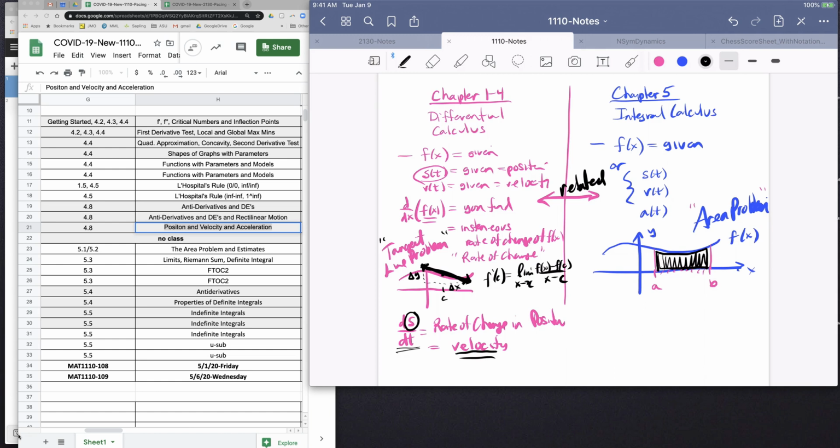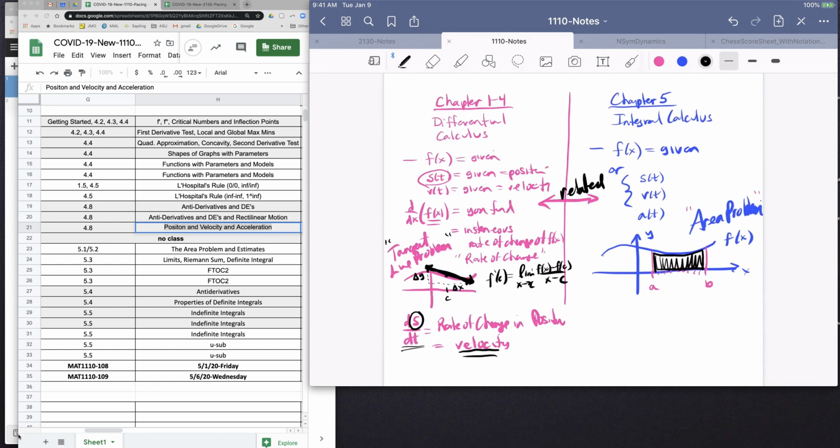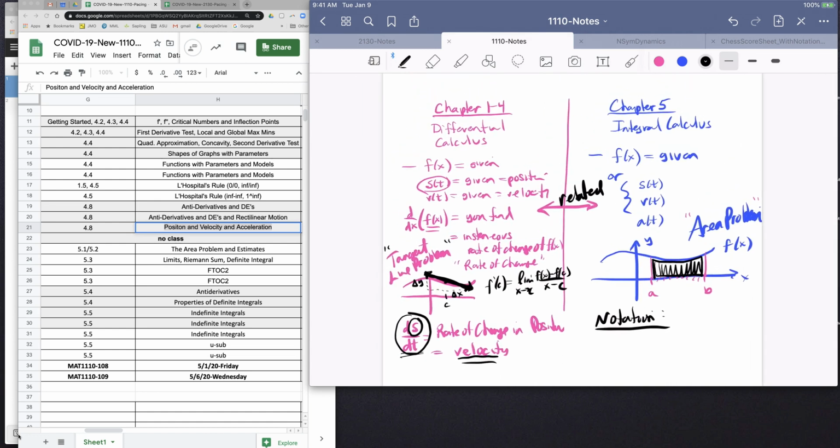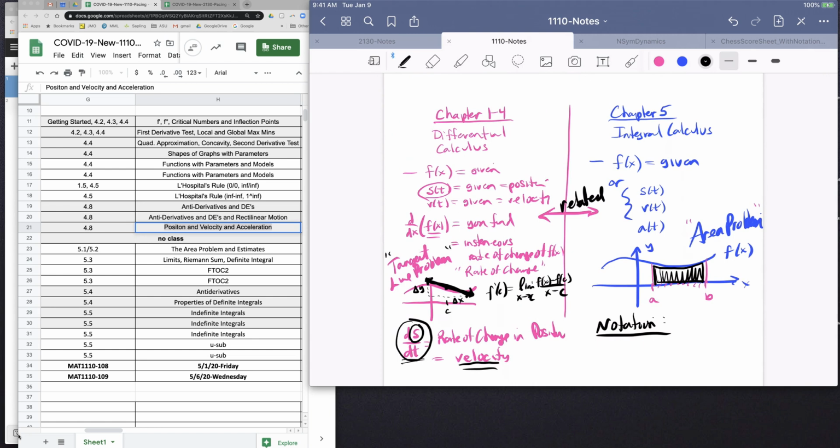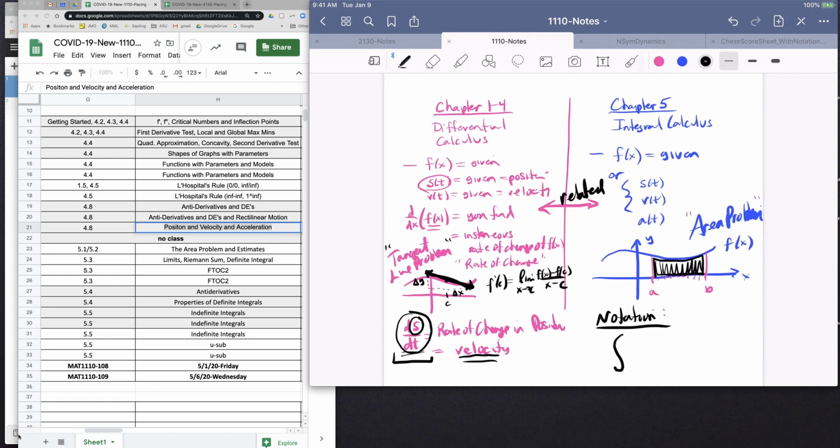We'll then need to talk about what that new idea means, what this area problem means, and the notation for this section is going to be related to the notation that we've done in the antiderivative section, but instead of computing a derivative, we're going to be computing an integral of the given function.